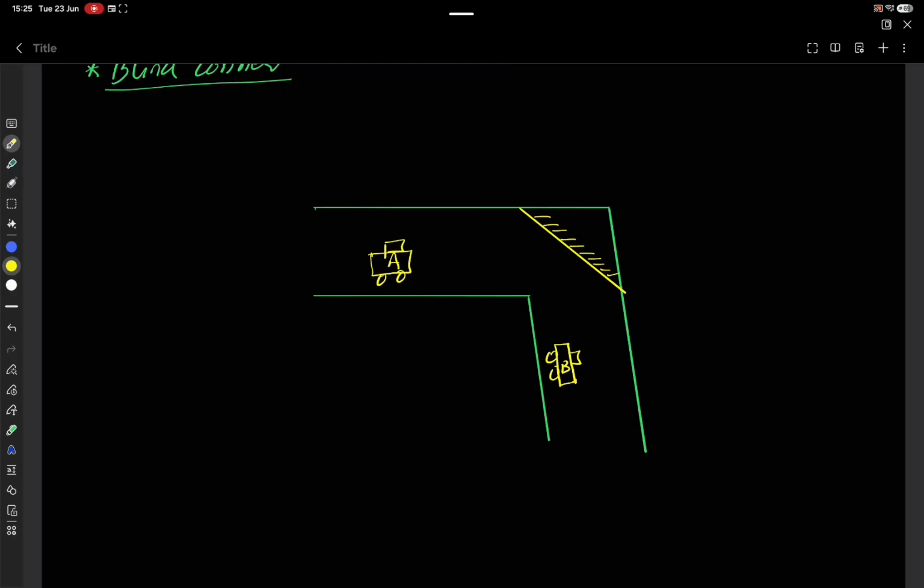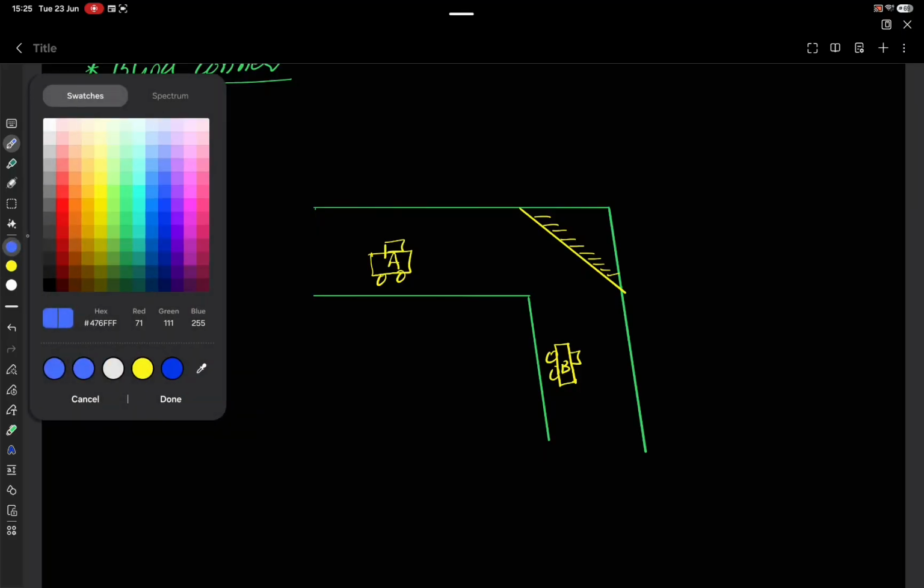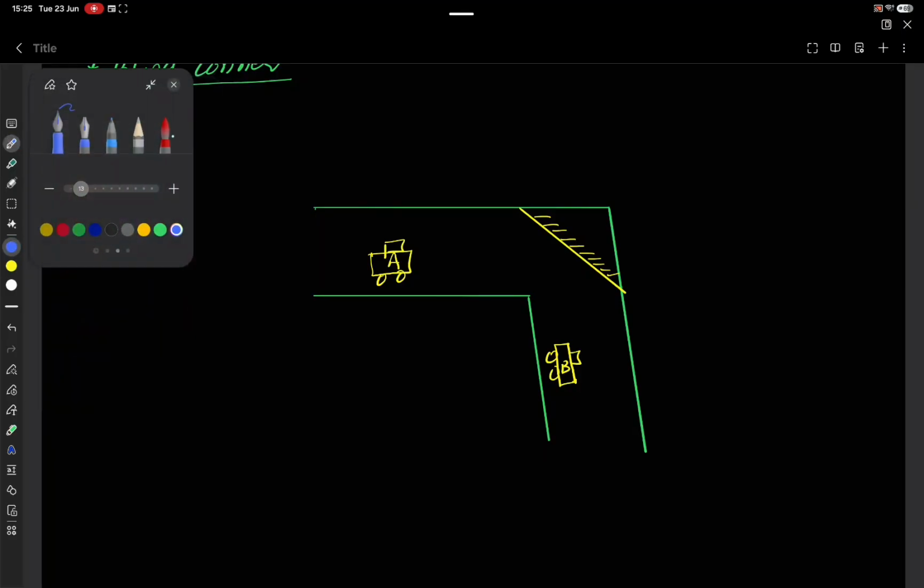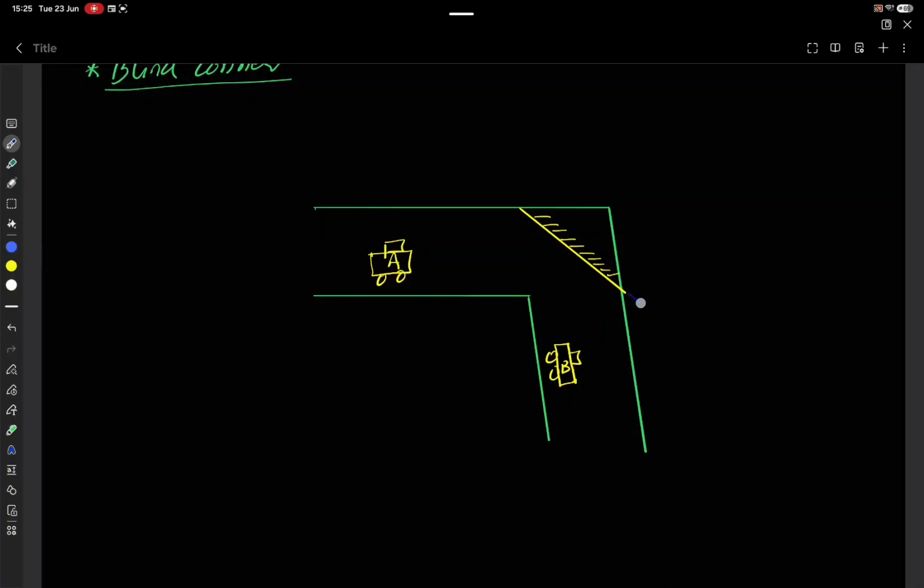Now, in order to execute the third point, we need to extend the mirror. So we extend the mirror here, for geometry purposes. Now we draw a line which is perpendicular to the surface of the mirror.